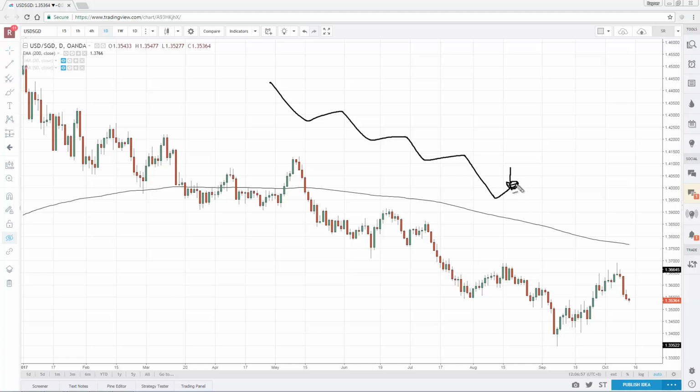Don't think that this is a bullish pattern in a downtrend just because you see this wick, which shows that the buyers have stepped in previously. Eventually the buyers exhausted themselves and the sellers came in and took control. So a shooting star in a downtrend is a bearish reversal pattern.